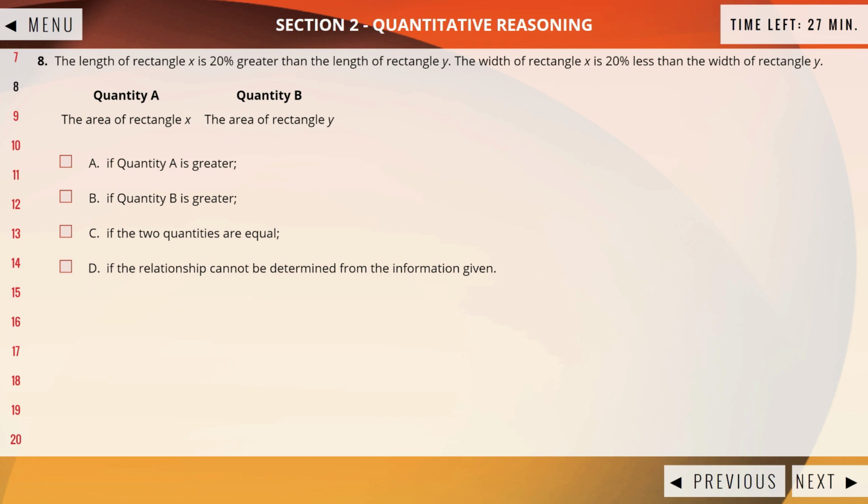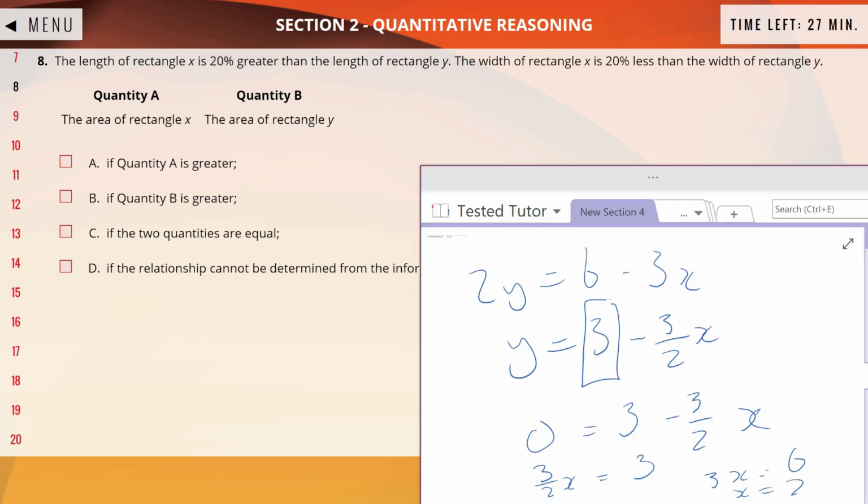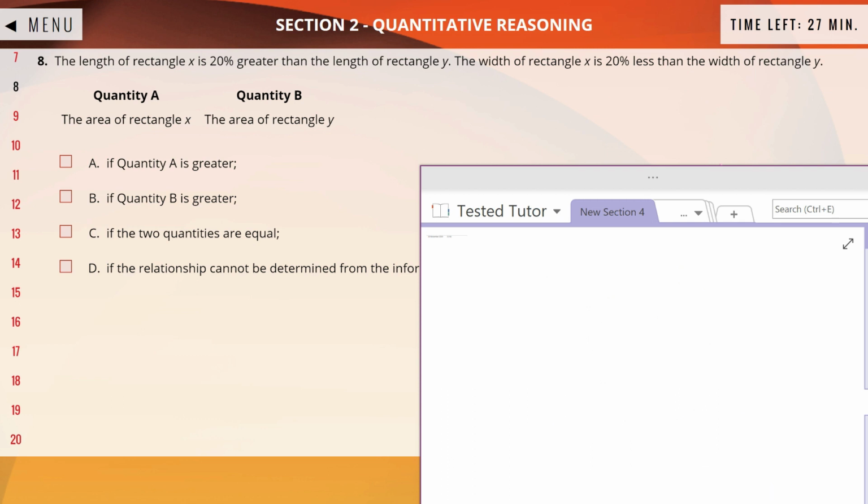The length of rectangle X is 20% greater than the length of rectangle Y. To a new page. The width. I'd totally pick numbers here because this is confusing. So let's say Y is 10. This is rectangle Y. And the length of rectangle X is 20% greater, so 12.